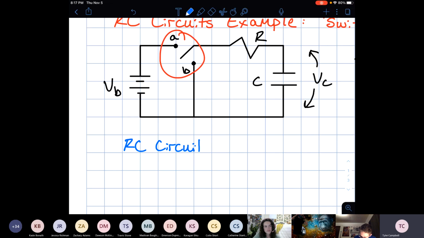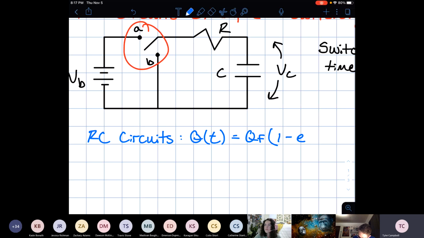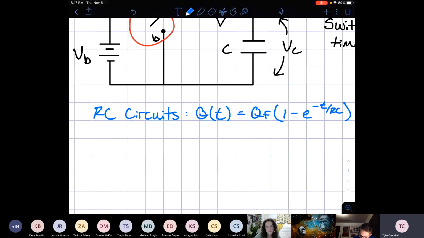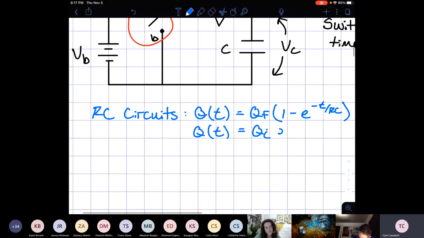We have Q of t equals Q final, I'll just write QF, times 1 minus e to the negative t over RC. Then directly to the right of that you have another one: Q of t equals Q initial times e to the negative t over RC.